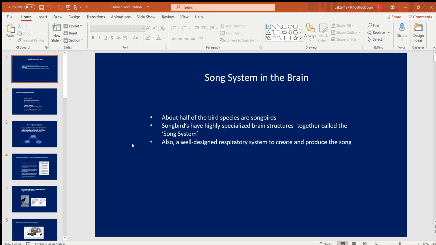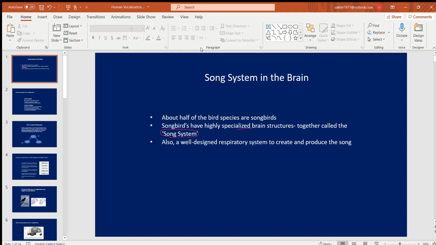Two things are highly specialized in the songbird. One is the brain, that I mentioned: specific structures in the brain, and those structures together form the song system.